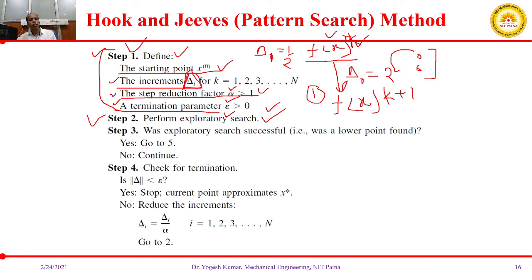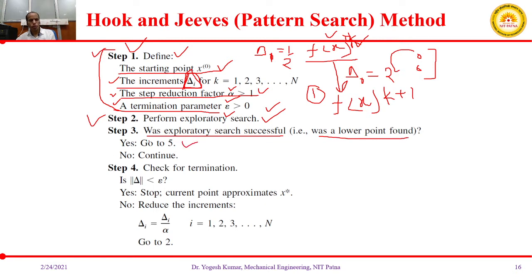As I told you, in the exploratory move you need to do multiple iterations, and you need to identify the point which corresponds to a lesser value as compared to the current value of your function, that is, the starting set. If your exploratory search is successful, that is, you found a lower point, you need to go to step number 5.